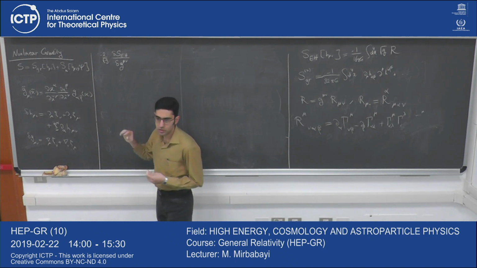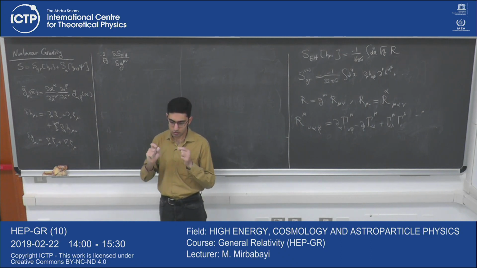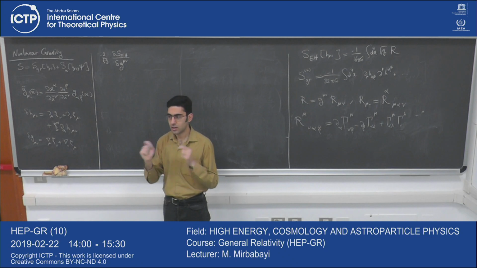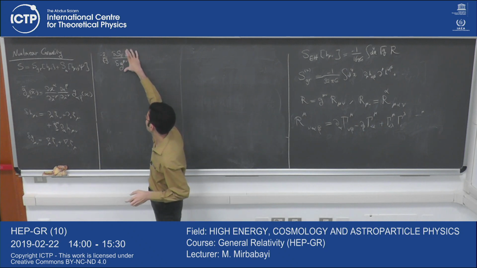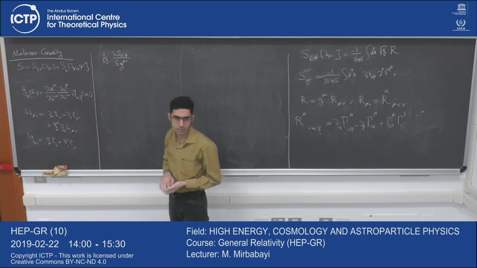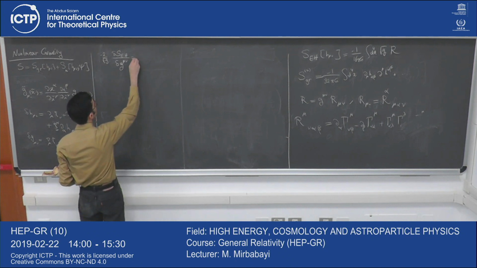So what we do is the usual thing. We take the metric, we do a small variation, linearizing that. We see what is multiplying that delta g mu nu. That would be the equation of motion. So if we do this, what do we get?